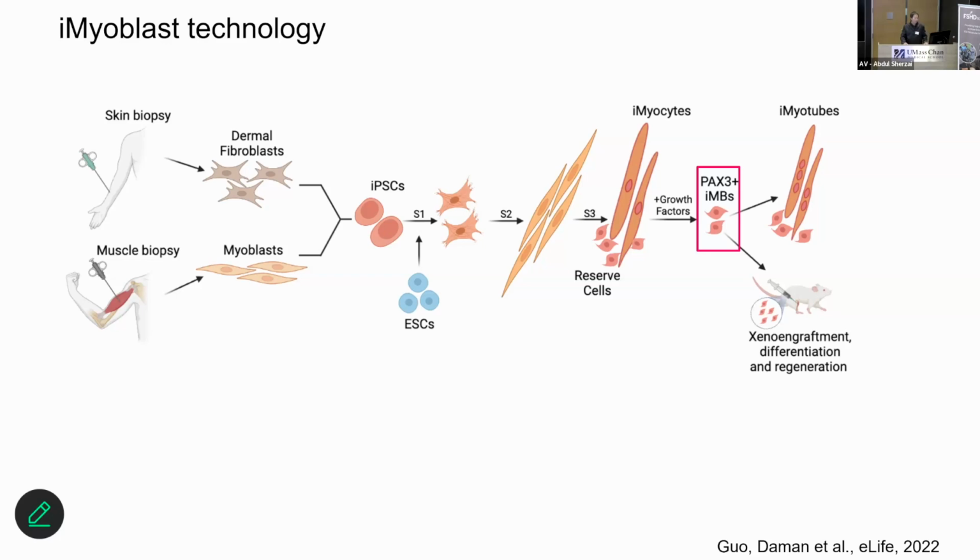At the final stage, there are still some undifferentiated or reserve cells, and we could isolate and maintain these cells. We named them iMyoblasts, short name iMBs. These cells are PAX3 positive and can differentiate into iMyotubes, and after xenograft into mouse, they can differentiate and regenerate.